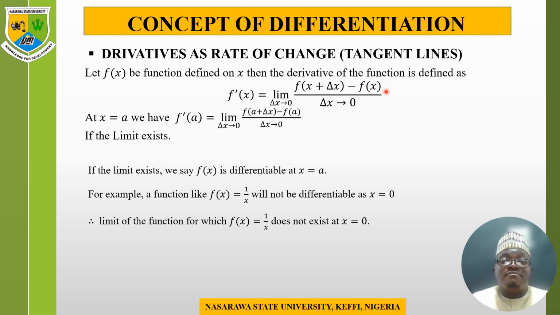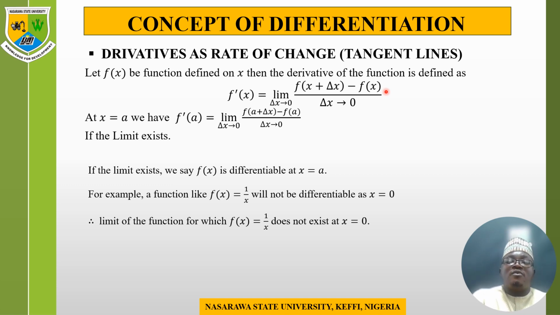At a point where the limit does not exist, we have discussed that in the previous lecture on functions, where maybe you have an undefined limit. Such a limit does not exist.